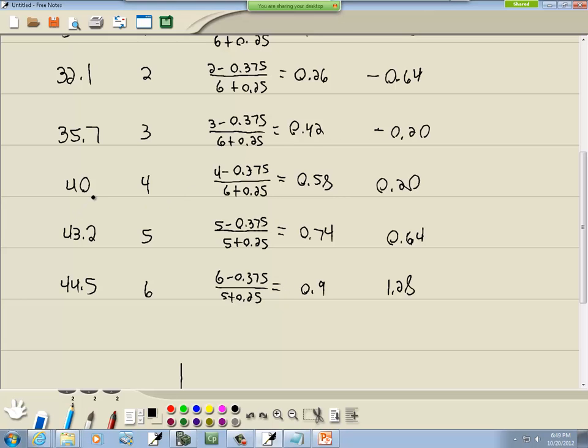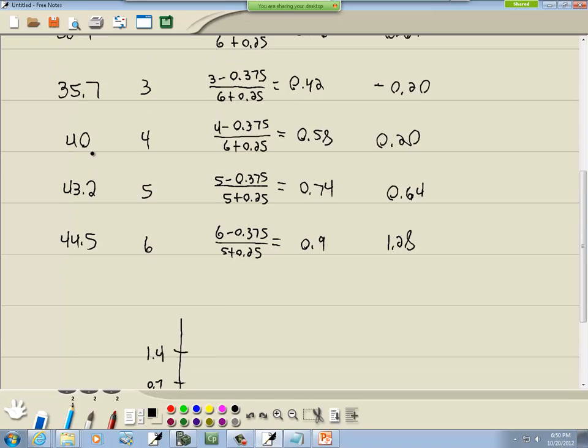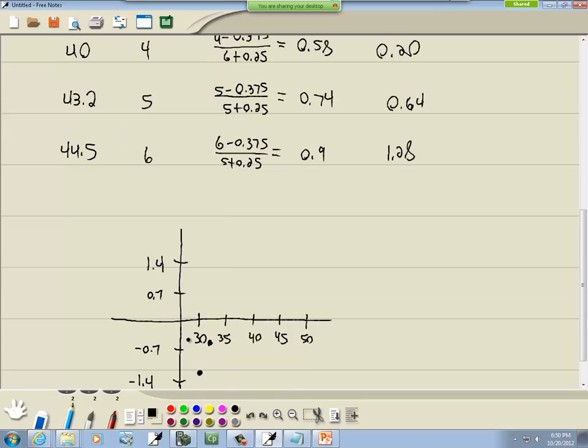Next one is, wait a minute, 35.7 and negative 0.2. Guessing right there. This isn't going to be perfect. 40 and 0.2, maybe right there. 43.2, maybe right there, and 0.64 would be right there.